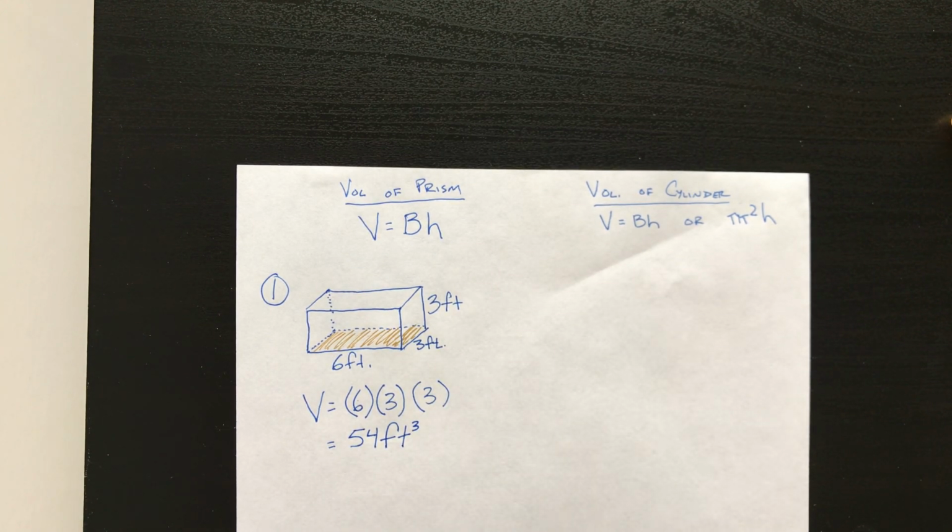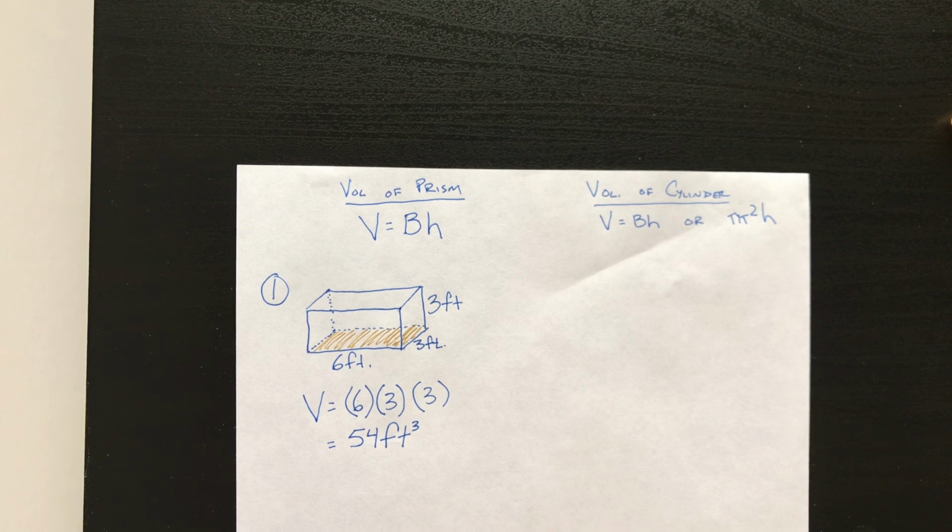Now watch what I do, feet cubed. We're no longer in the squared dimension. We're now three-dimensional, as far as basically how much water could you fill into this prism, all right? So 54 feet cubed. That is the total volume, all right? How much space does a solid three-dimensional figure take up?